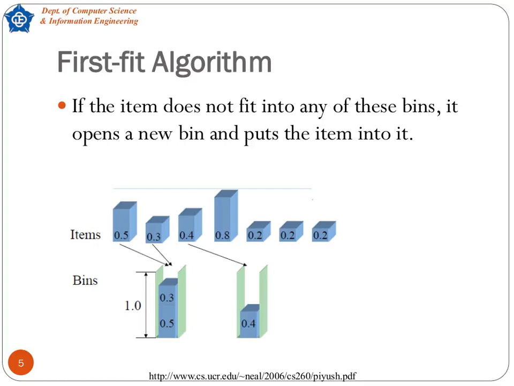Here we have a series of items depicted as blue blocks with various sizes such as 0.5, 0.3, 0.4, and more. And as before, each bin has a maximum capacity of 1.0. Following the first fit principle, we begin with the first item, size 0.5. Since there are no existing bins yet, a new bin is immediately opened, and the 0.5 item is placed right inside.